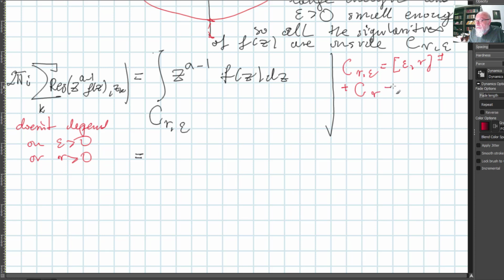Then you go to minus epsilon R negative, and then you go back minus C_epsilon. That's how it is.